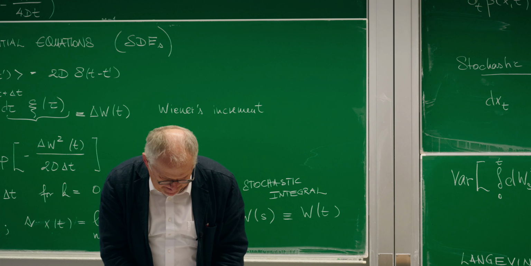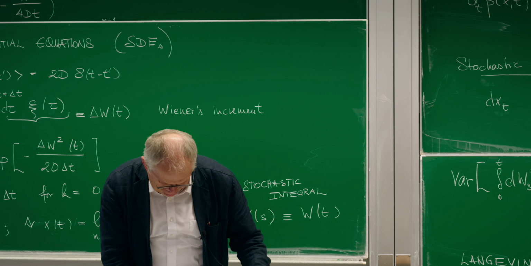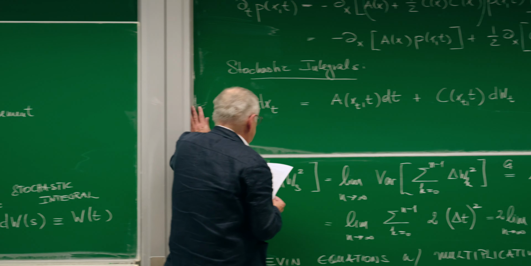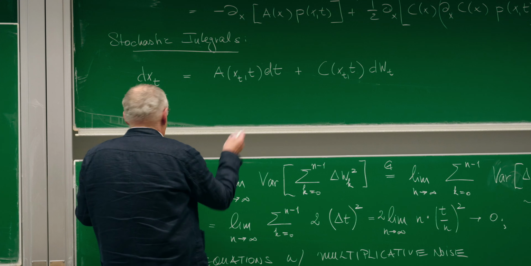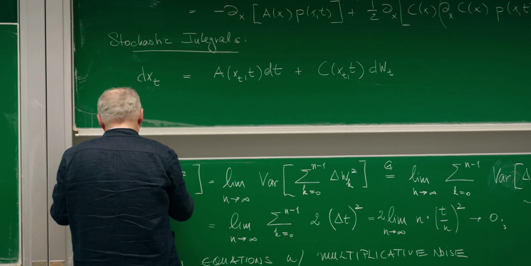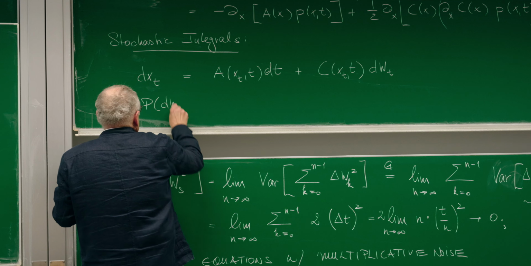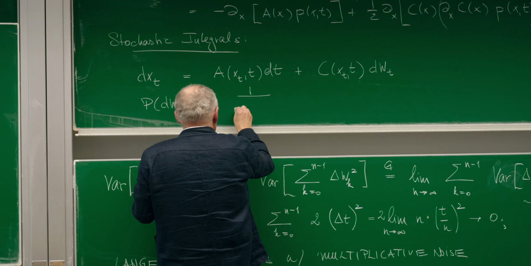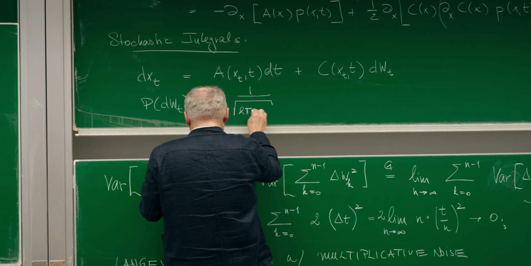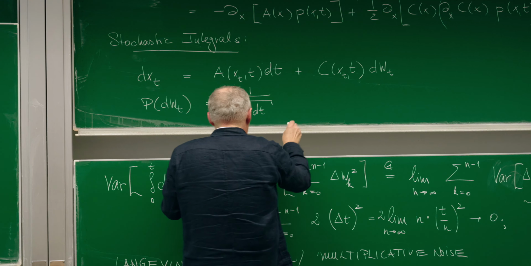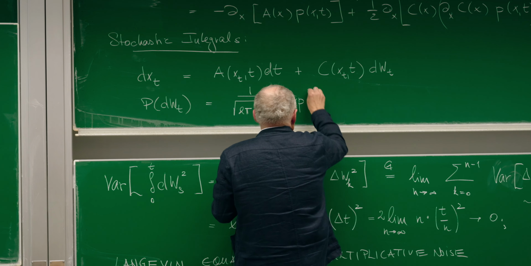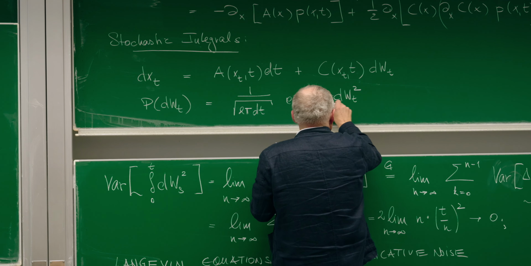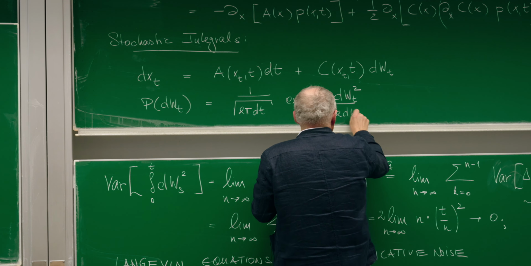Okay. So those are functions which are bounded, a and c. And for this increment, I'll take that this is a Gaussian variable, 1/sqrt(2π dt) times exponent minus dW_t squared divided by 2 dt.